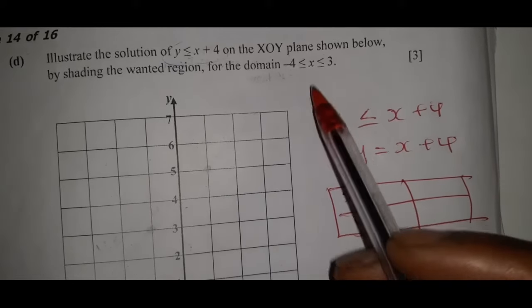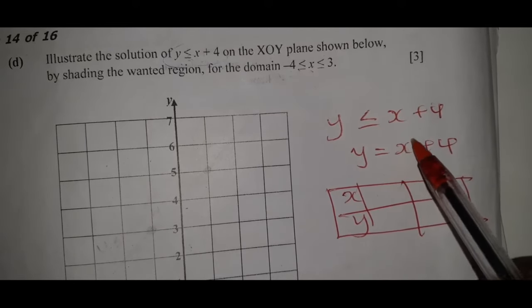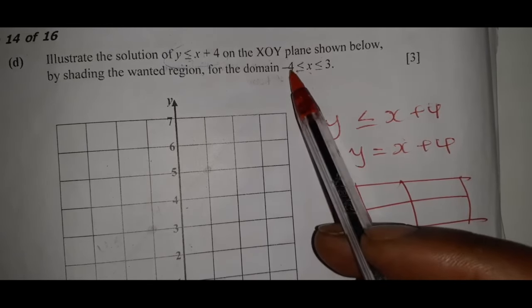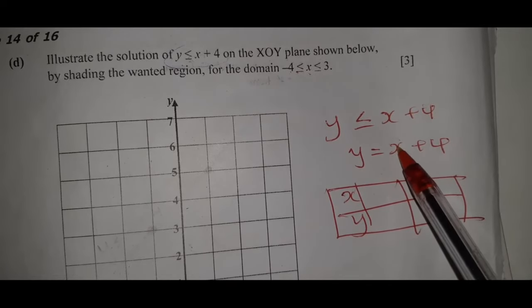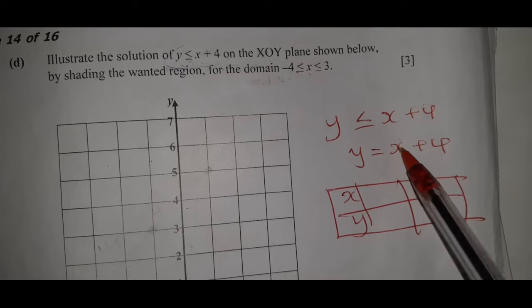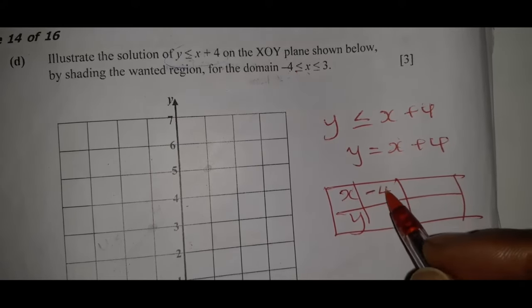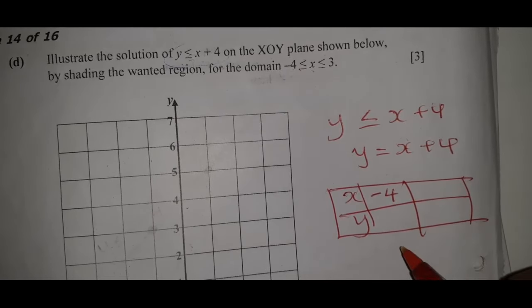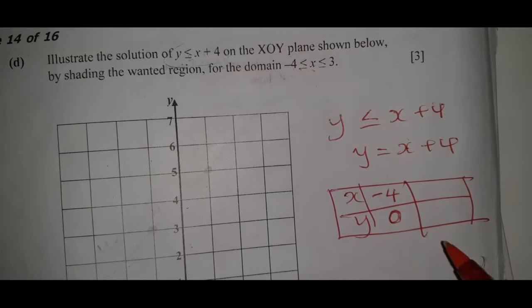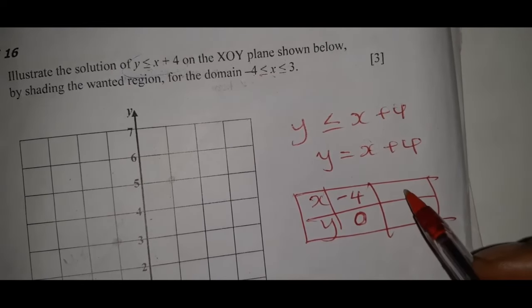Just 2 are enough, the first one and the last one. So if you put -4 here, what are you going to get? It's going to give you 0 here, isn't it?